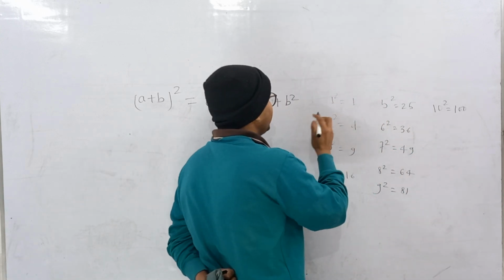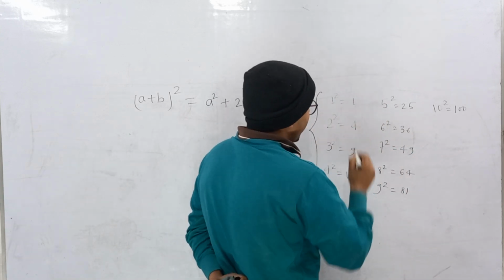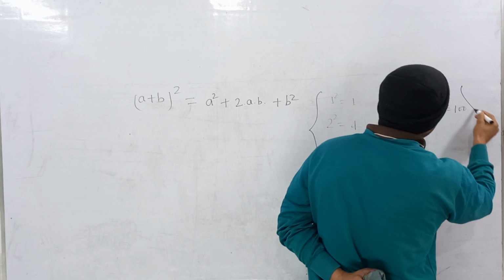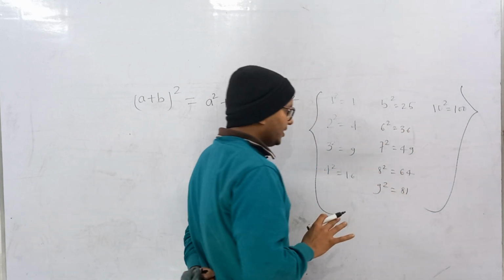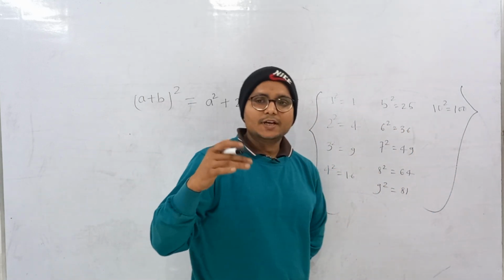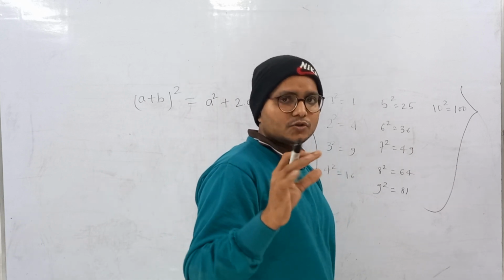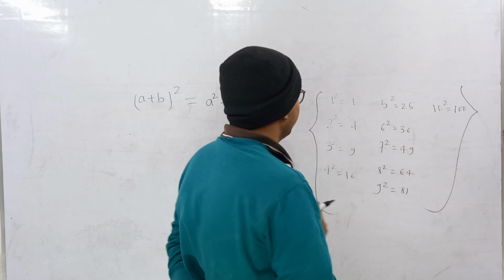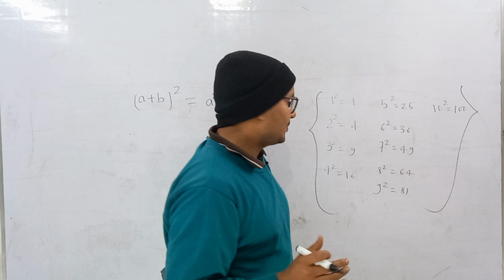Now why have I written all these things up to 10? I am explaining that if you square any number, what you will get at the unit place.